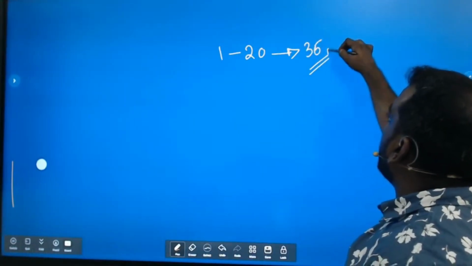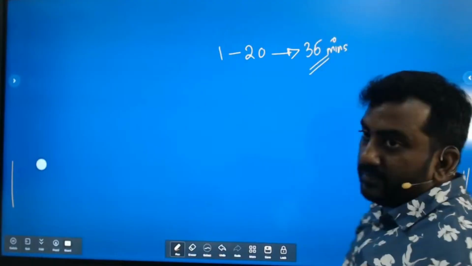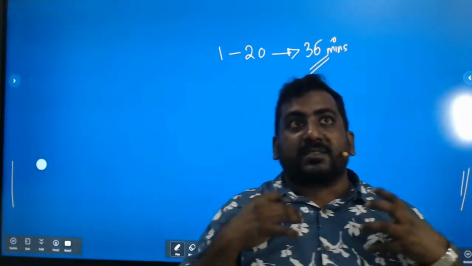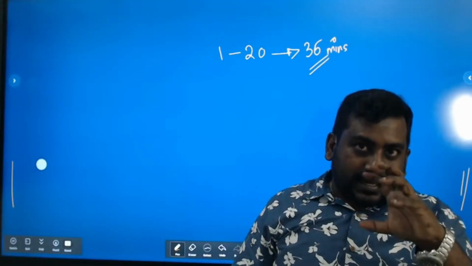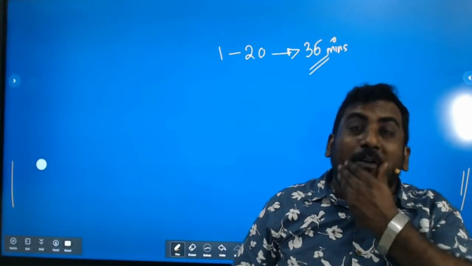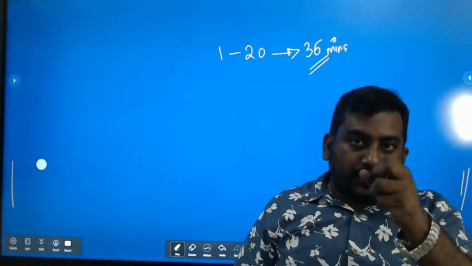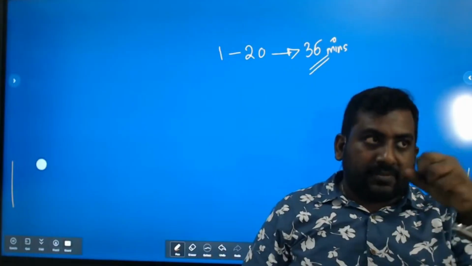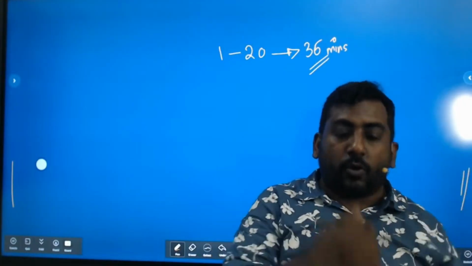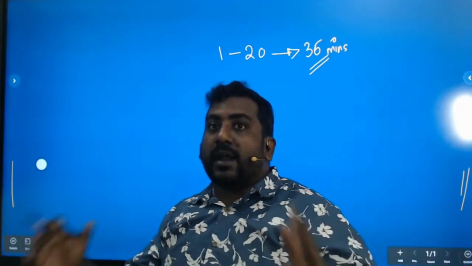You don't have to explain while you do it, so you can solve even faster. So you can see the trick here. In a 2-hour paper, within the first 35 minutes 20 MCQs are over, which means you can move forward very quickly.